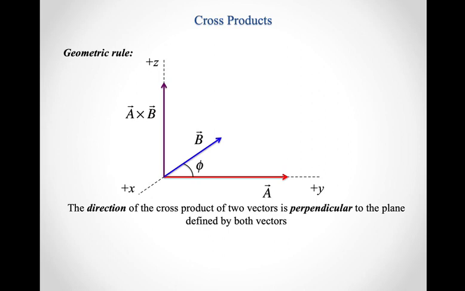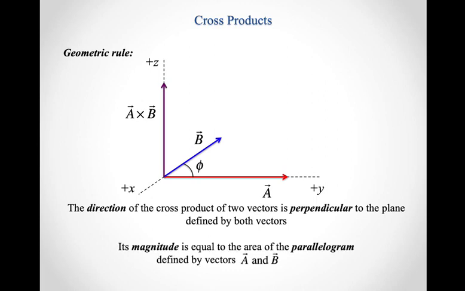We could use the algebraic rule to calculate this out to see that A cross B points in the positive z direction rather than the negative z direction. We'll also learn a right-hand rule that will help us figure out that A cross B in this case points in positive z rather than negative z. So that's the direction of our cross product.